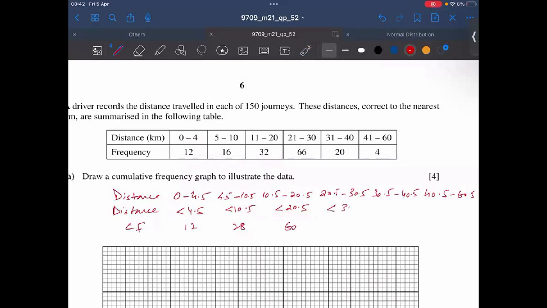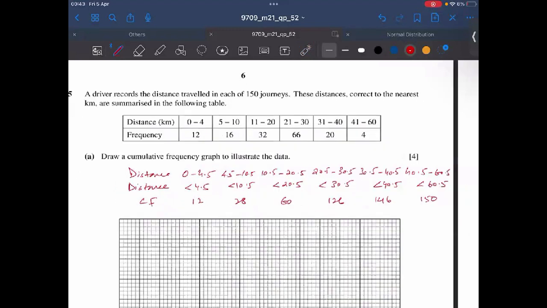For less than 30.5, I have 126. For less than 40.5, I have 146. For less than 60.5, I have 150.